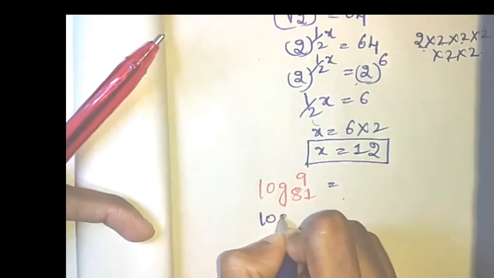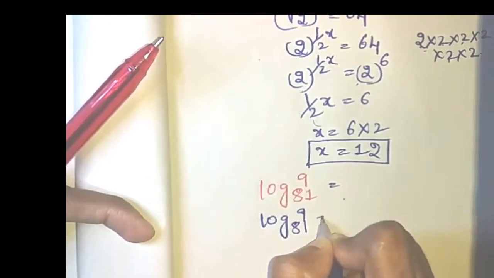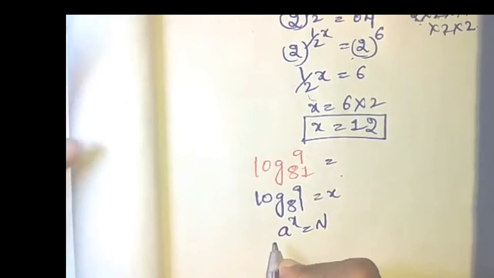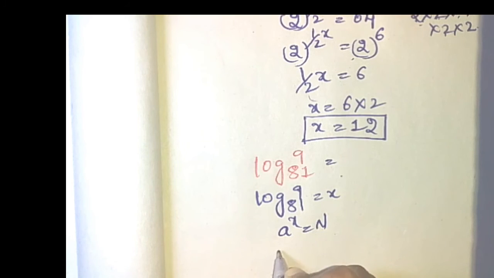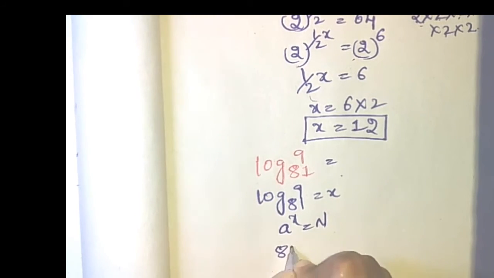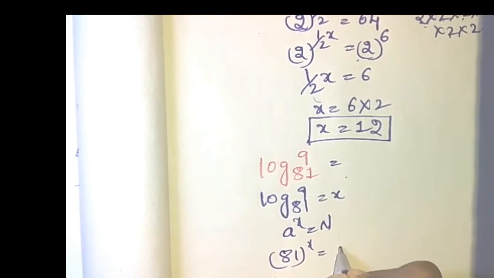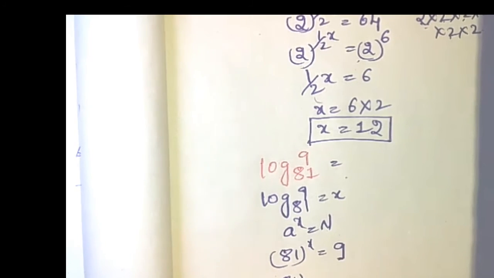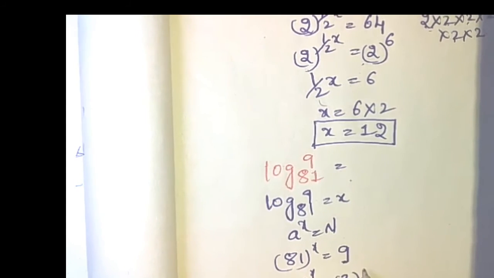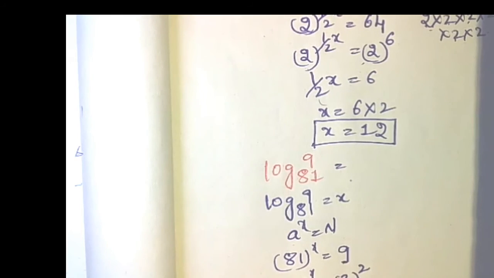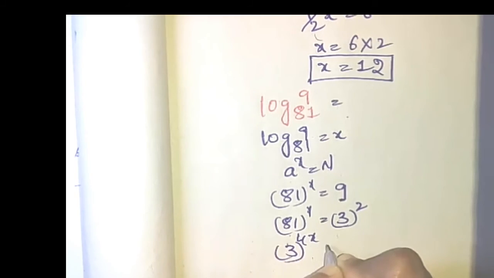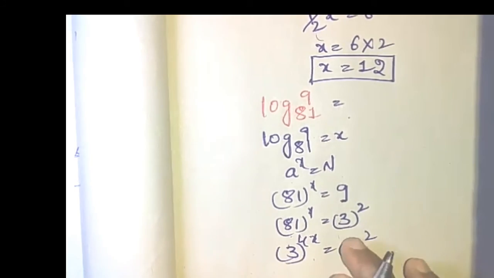Now consider log 9 base 81 is equal to x. So take this as a power x is equal to n. So 81 power x is equal to 9. Now we can change 9 as 3 square, and 81 also we can change, so 3 power 4x is equal to 3 square.